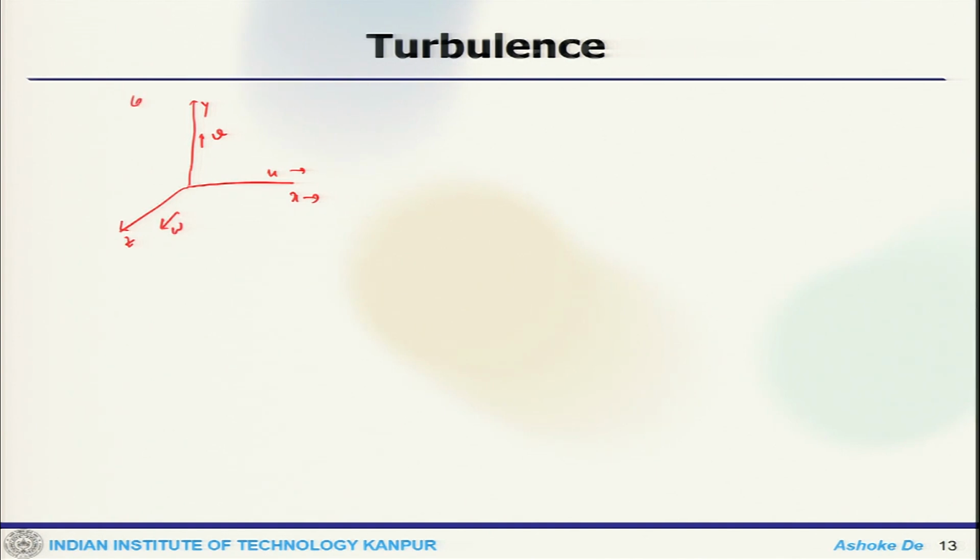This is typically what we do in a lab scale, and typically in atmospheric combustion, atmosphere, the convention is this is x, this is y and this is z.